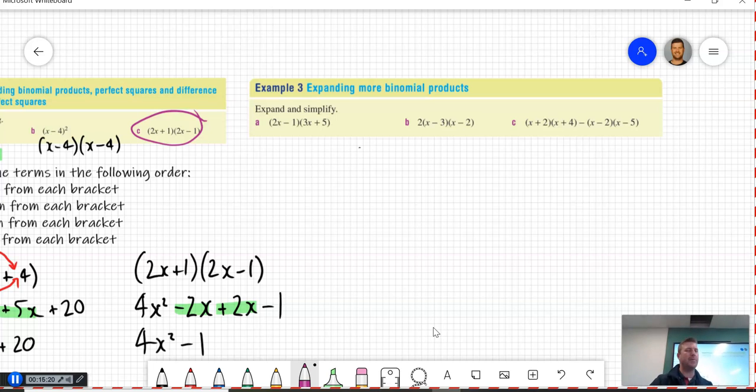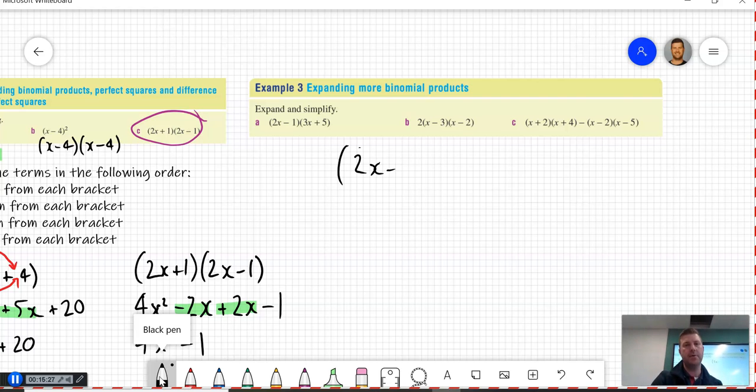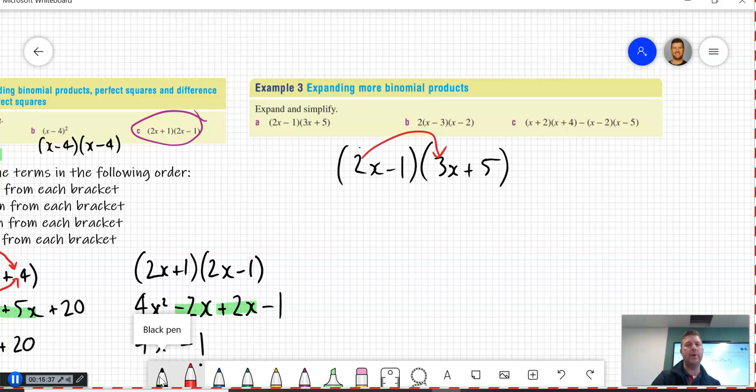I'll do two more examples. I know it's a lot to take in, guys. So just quickly, the next example here is (2x - 1)(3x + 5). Again, first term from each bracket. 2x times 3x is 6x squared.